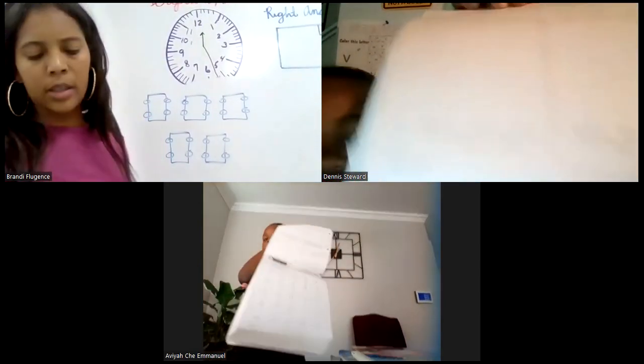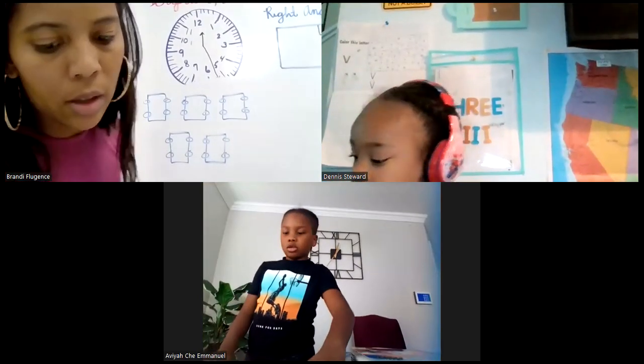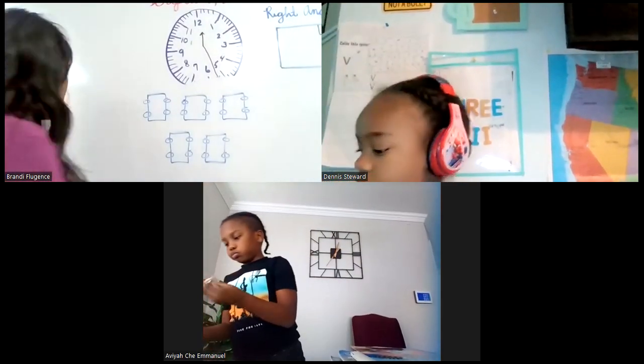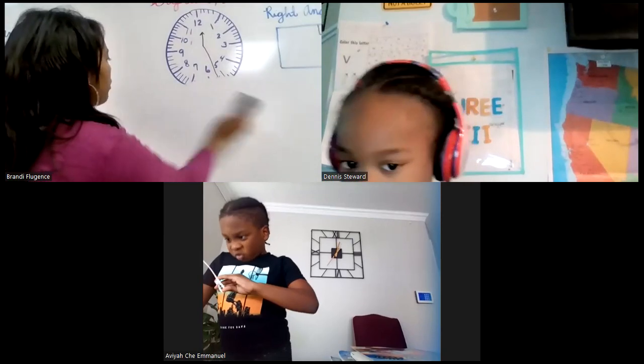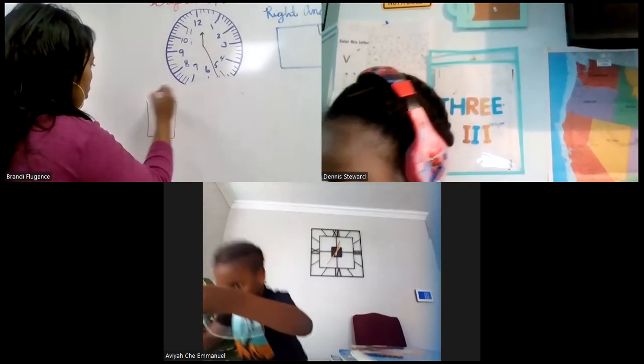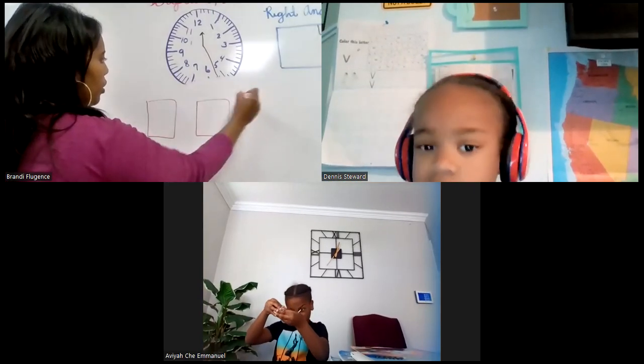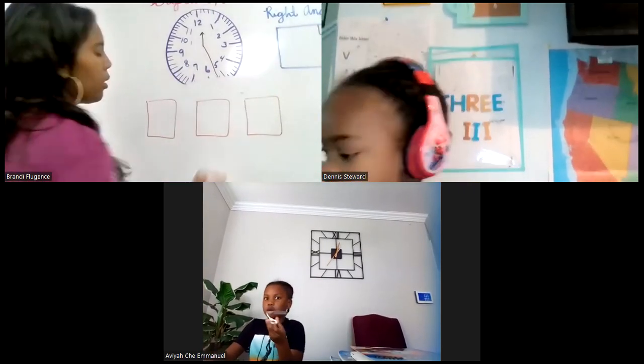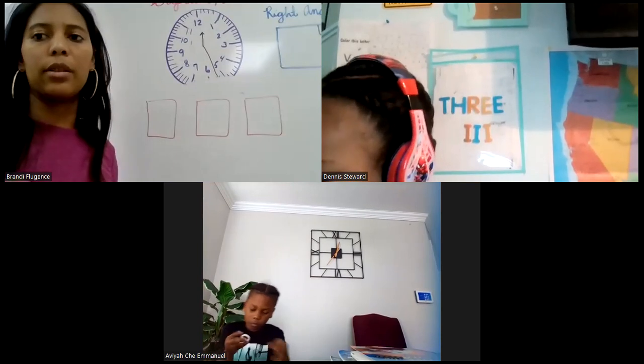Okay. All right, let's go to our next one, number 2. So now we have 3 shirts. Okay, 3 shirts. So that's 1, 2, 3 shirts.